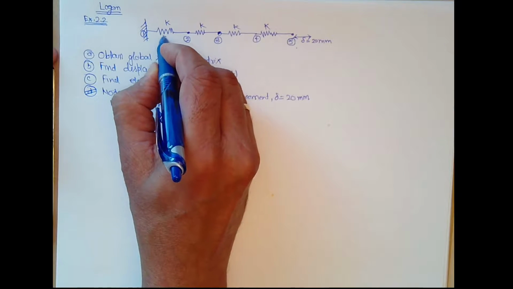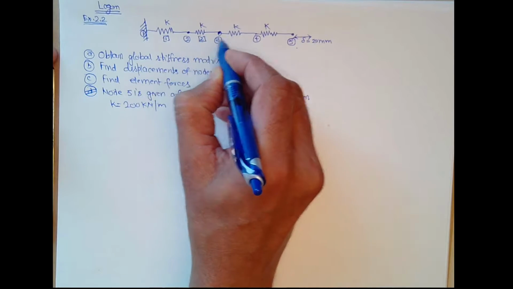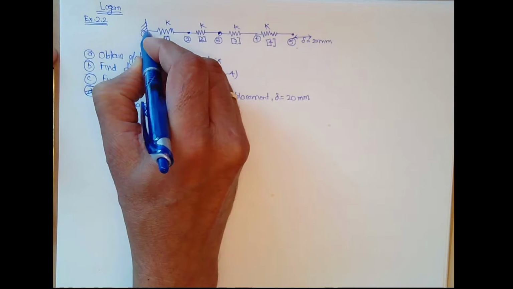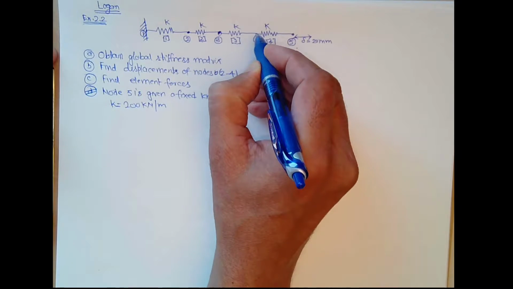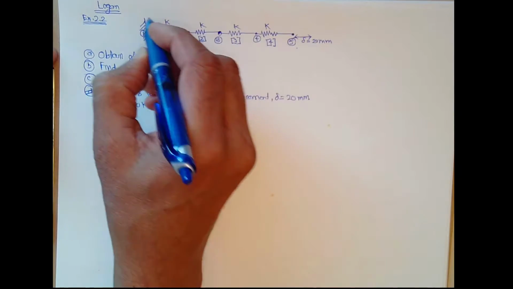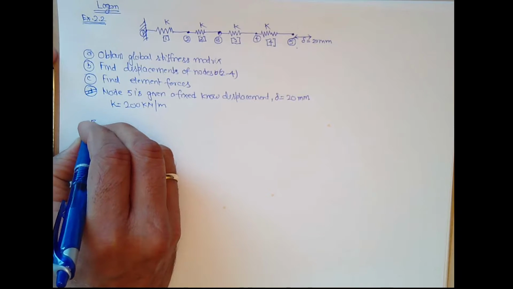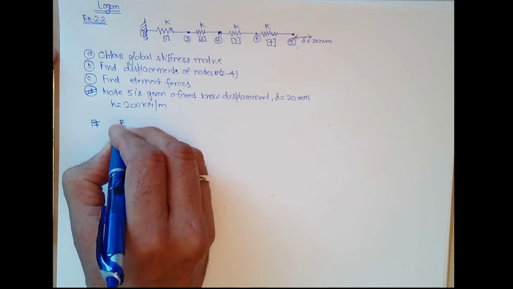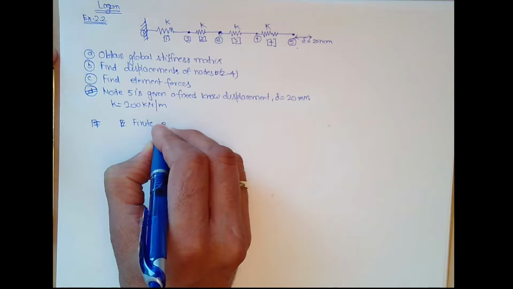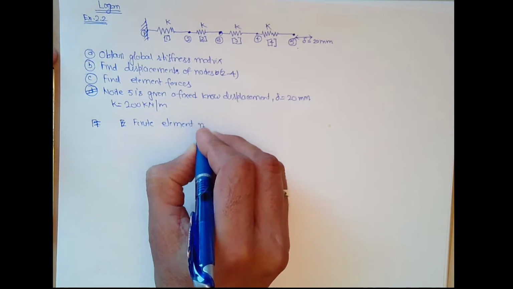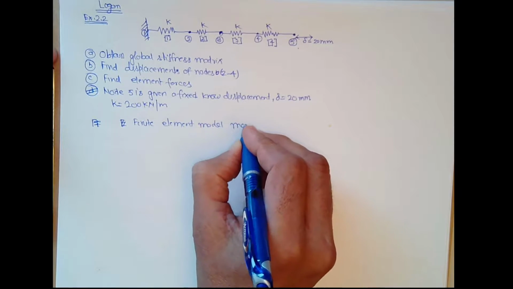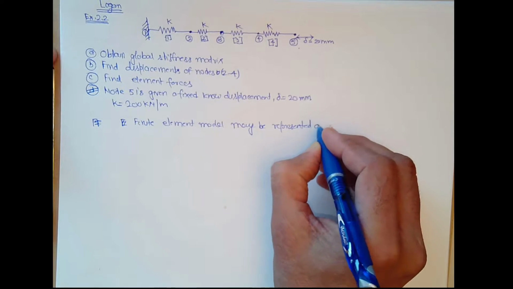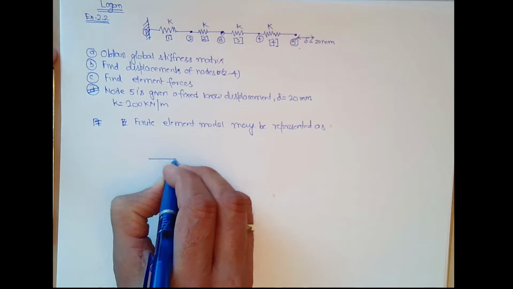So this is element 1, this is element 2, this is element 3, this is element 4. This is node 1, node 2, node 3, node 4, node 5. So I write the finite element model this way.